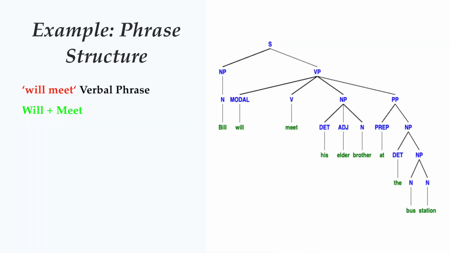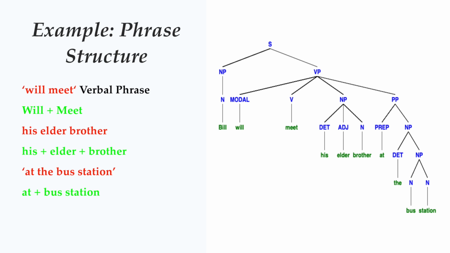So will meet, for example, this is the verb, will have to be divided into two elements, will, the modal, and meet, the verb. His elder brother is another constituent, and it consists of 3 words. So we also have to divide that into constituents. Most likely it is his plus elder plus brother.